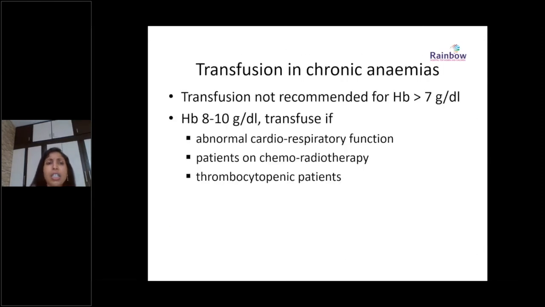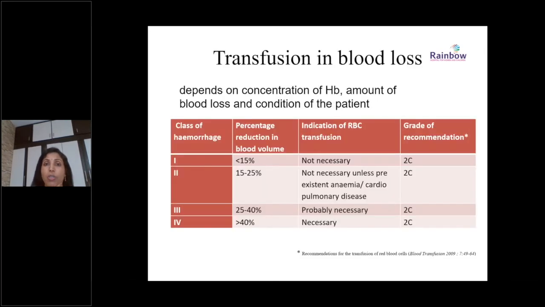And of course, there are situations where you will consider transfusion even in chronic anemias: if you have underlying cardiorespiratory function problems, or if the kid is on chemotherapy for cancer, or if you have severe thrombocytopenia or bleeding diathesis where you want to keep the child with decent hemoglobin, and where you are expecting that the ongoing bleeding is going to trouble further. In those cases, probably you have to go ahead and transfuse them.